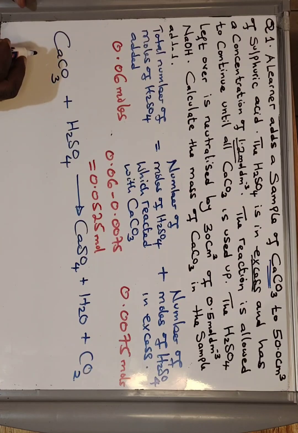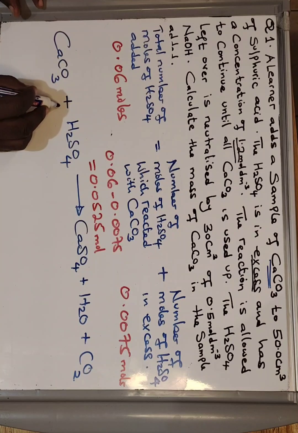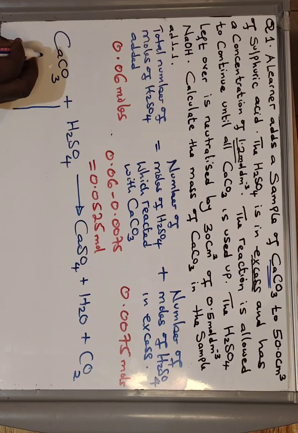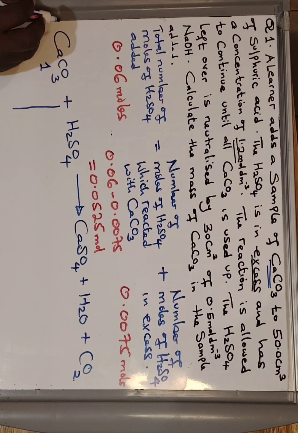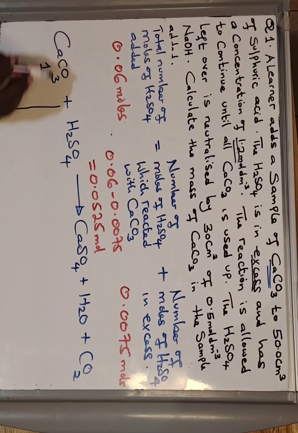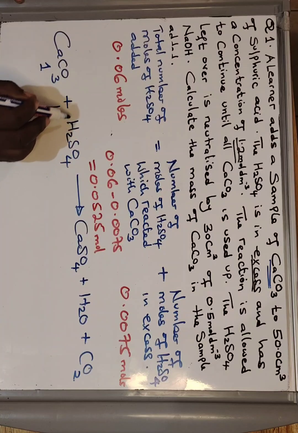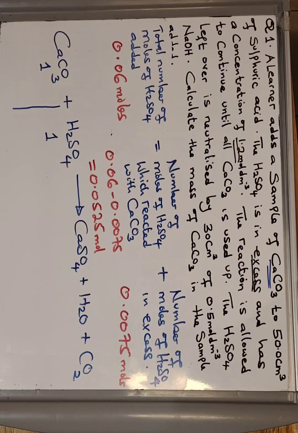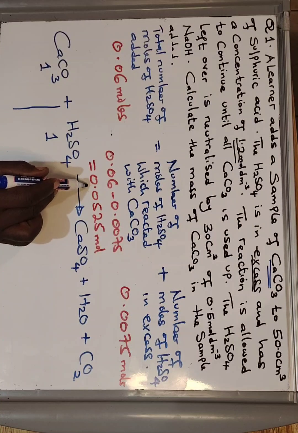This reaction, we divide this one into two for easy handling. And we look at the mole ratios. For calcium carbonate, it is 1. Like I told you, you look at the number here. Now for sulfuric acid, it's also 1. So the mole ratio is 1 to 1. So what is the next step? The next step is you look at this. What do we have here?